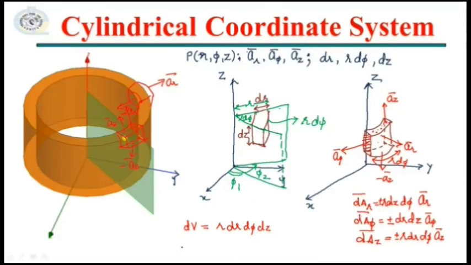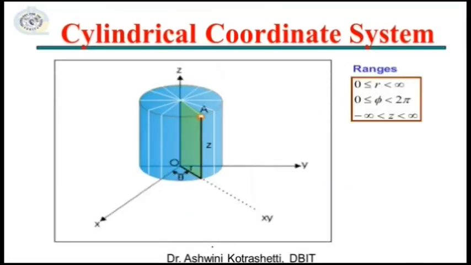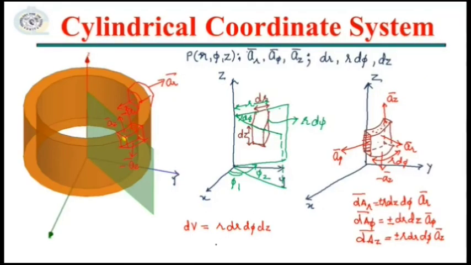Let me call the differential length vector dl bar, which is equal to dr a r bar plus r d phi a phi bar plus dz a z bar. Now this is the differential length. So with this we have done the aspects of the cylindrical coordinate system.